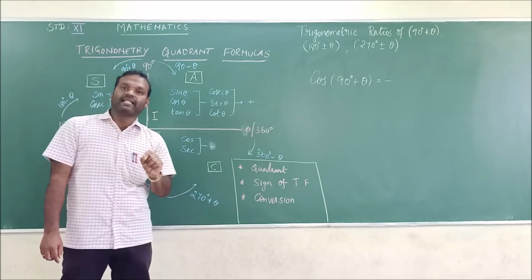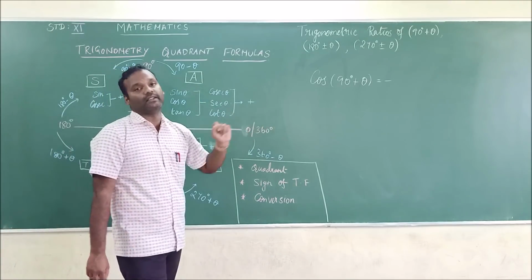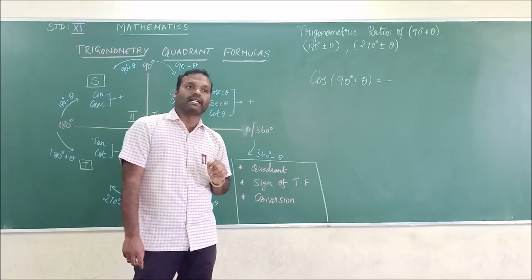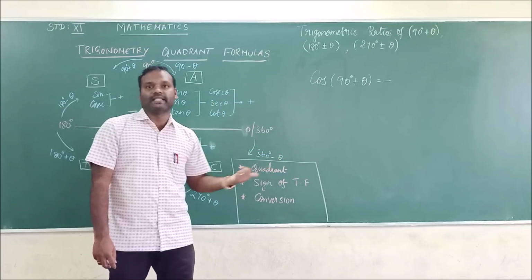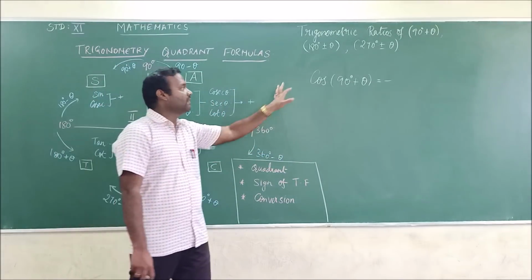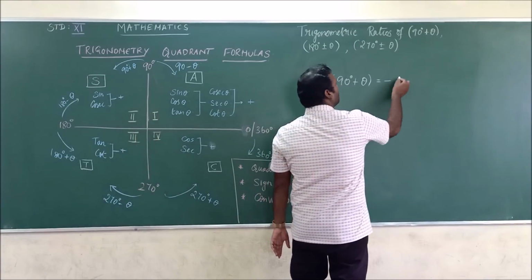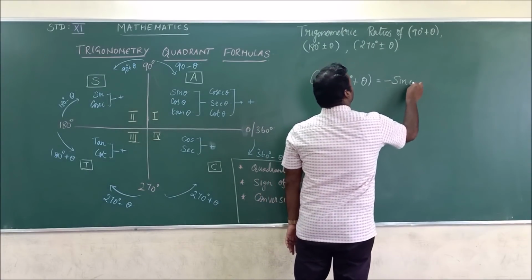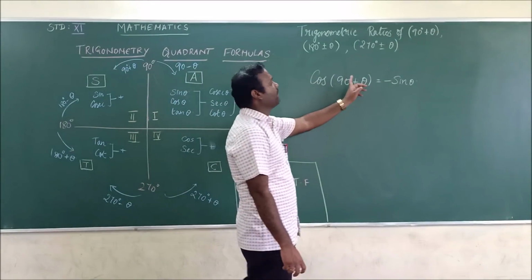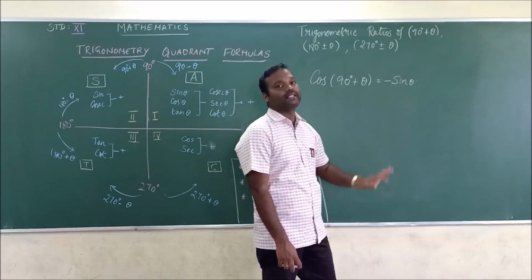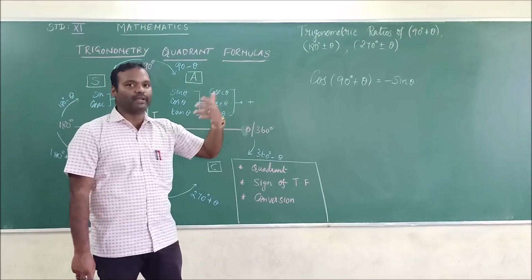If you are having the angle 90 plus or minus theta, I have given the conversion: sine changes in terms of cos and cos changes in terms of sine. Since you are having cos and the angle is 90 plus theta, cos is changed into sine theta. So cos of 90 plus theta is equal to minus sine theta. Similarly, you can try by yourself.